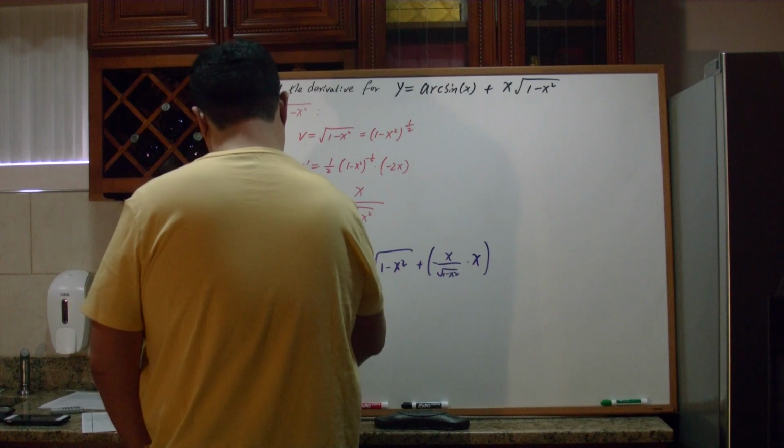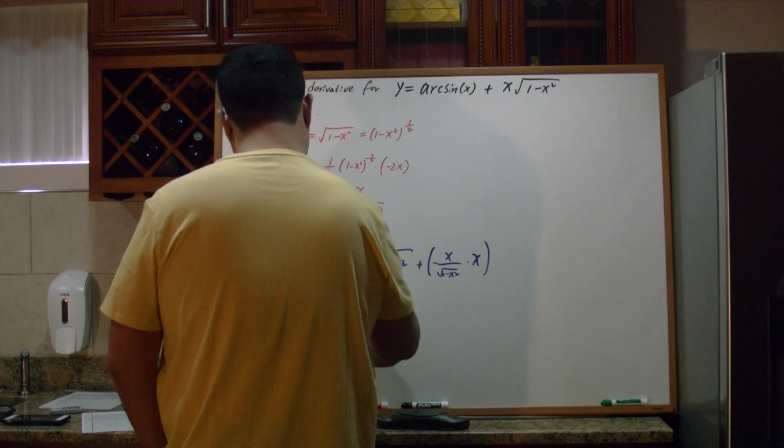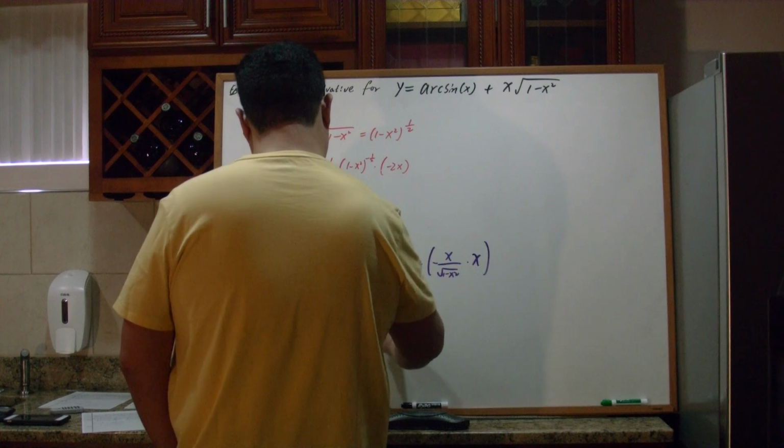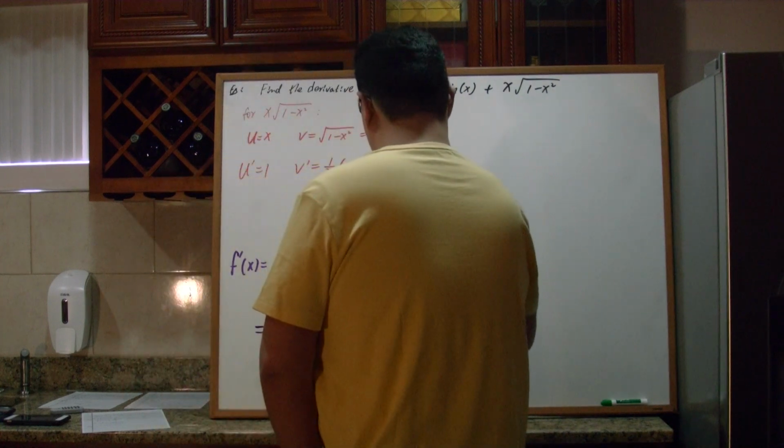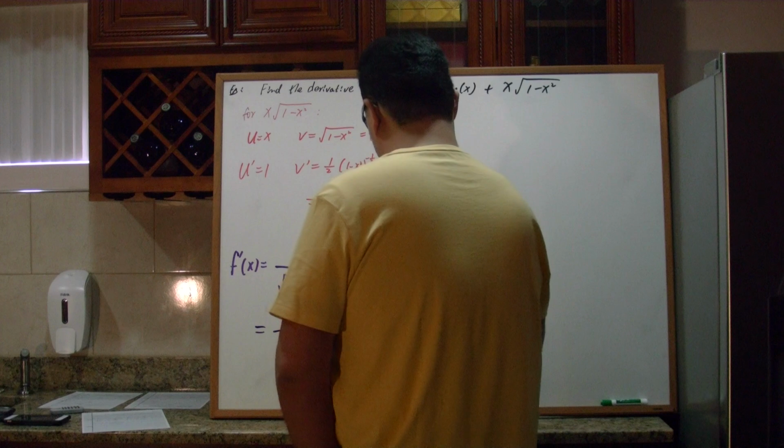Which is 1 times the square root of 1 minus x squared plus the square root of 1 minus x squared minus x squared over the square root of 1 minus x squared.